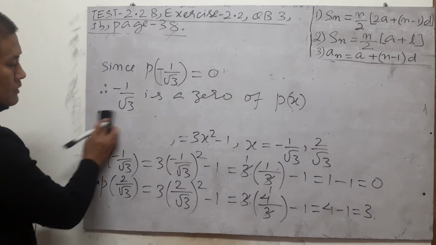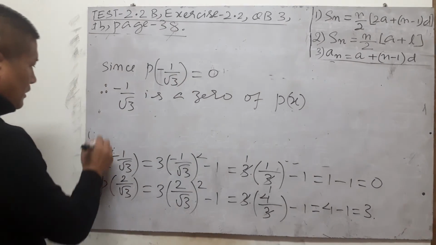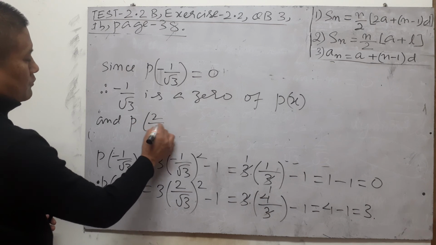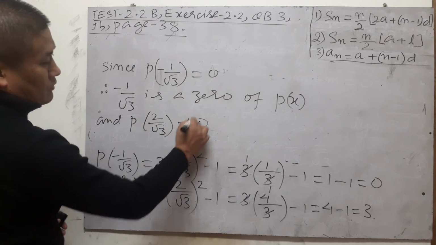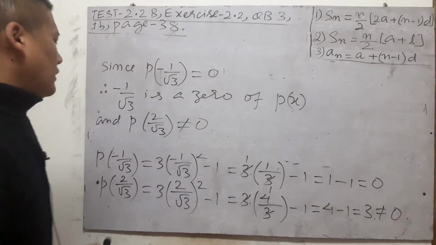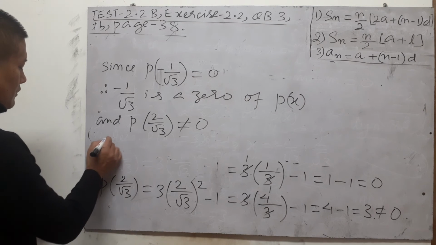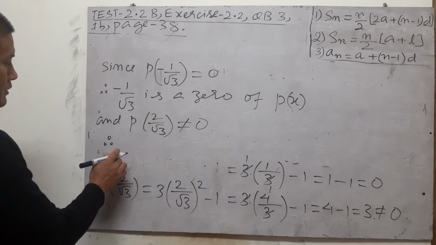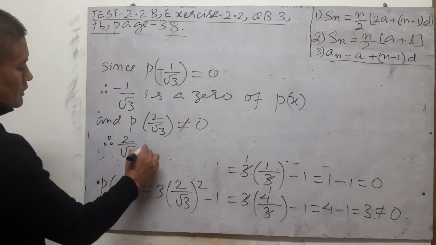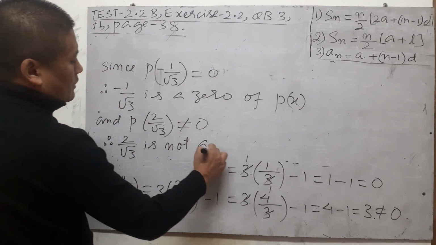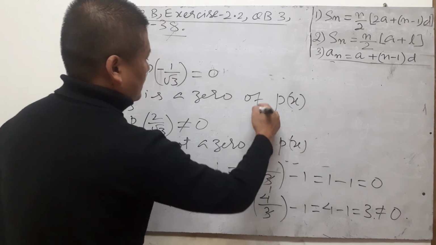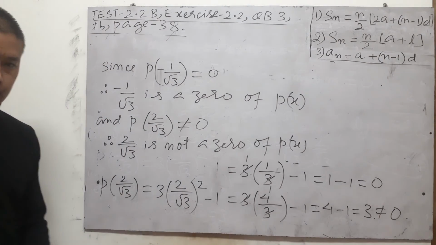And the second value, p of 2 by root 3, is not equal to 0. You can write here equal to 3, meaning not equal to 0 if you want. Therefore, the value 2 by root 3 is not a 0 of p of x. So the first one is a 0, the second one, 2 by root 3, is not a 0.